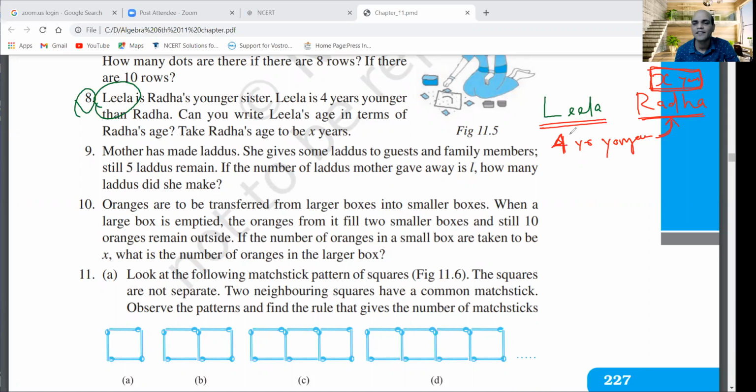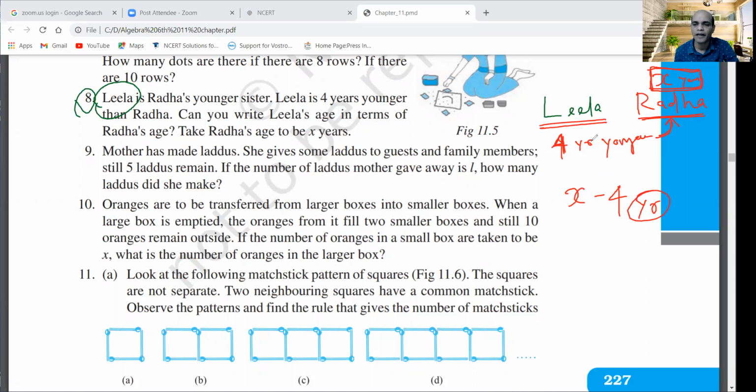Shall I add or shall I subtract? Shall I multiply? Subtract. Very good. How much do you have to subtract from X? X minus 4. We have to subtract 4 from X. Then how much is it?